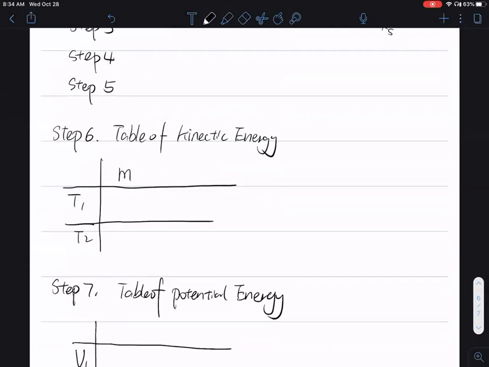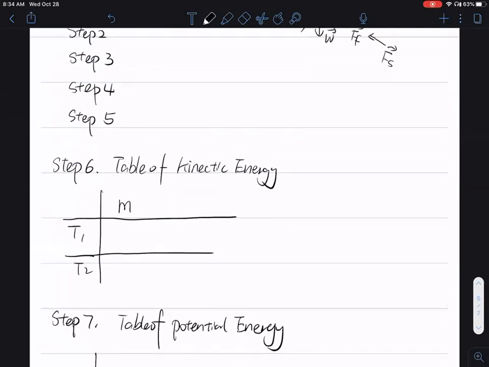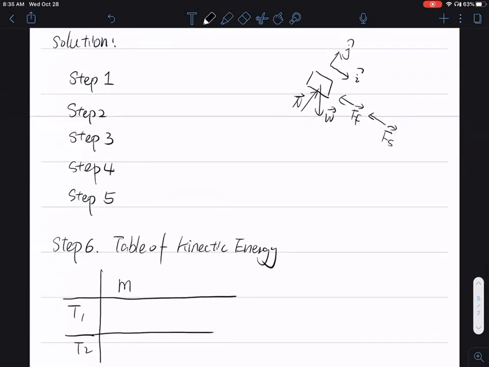Okay. All right. I assume everyone is done with the 5 steps. All right, now let's look at step 6. Let's build the table together.